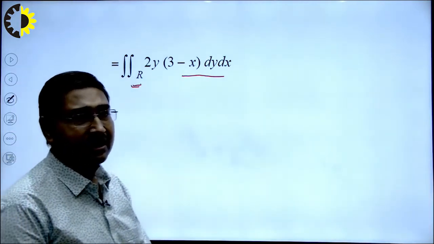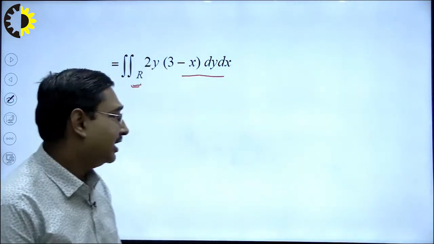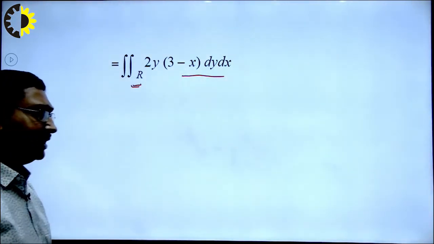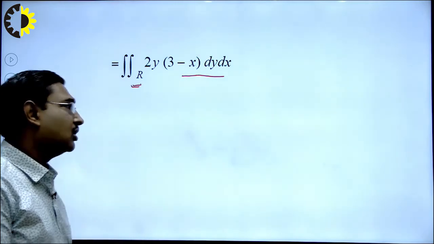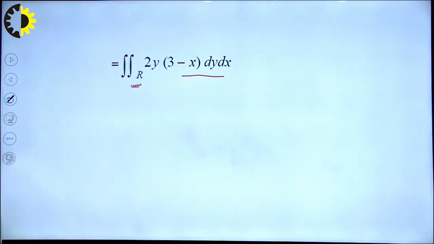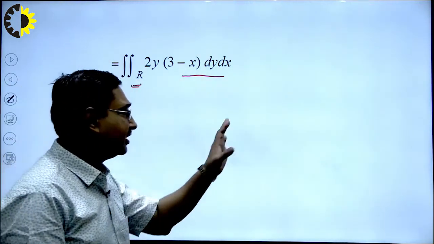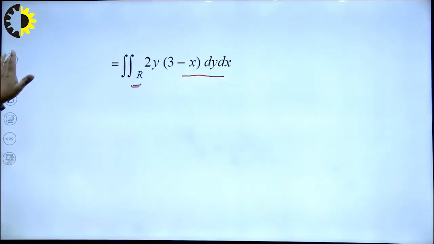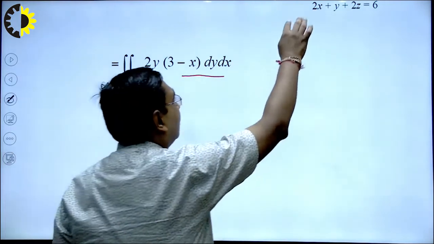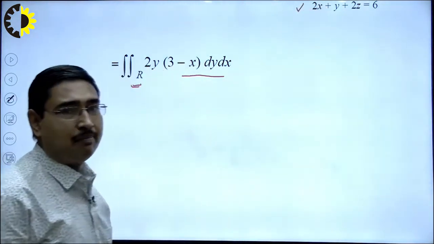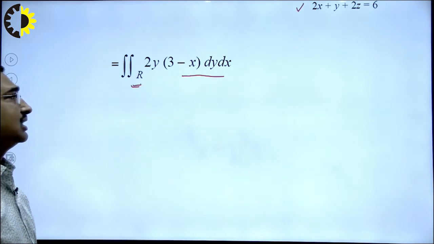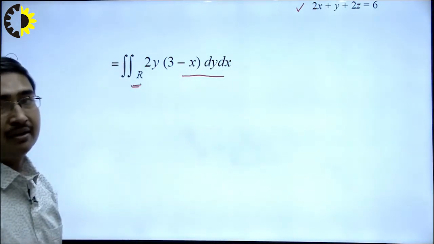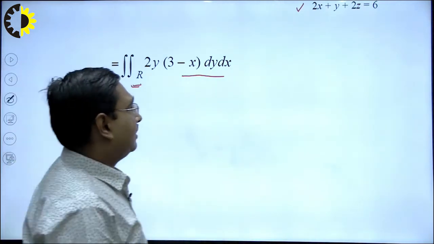To evaluate this double integral, I need limits of x and y. To find the limits of x and y, I need an area, which will be used to find the limits. Now, how to find limits of this double integral, let us understand. First of all, we recall that the part of this plane in the positive octant was the surface. I shall imagine what this plane is.